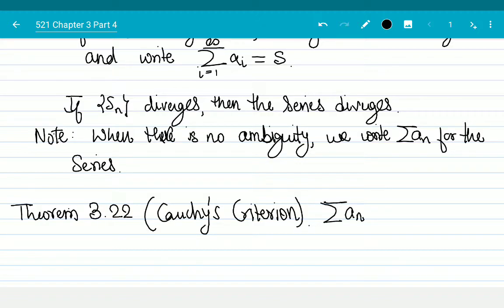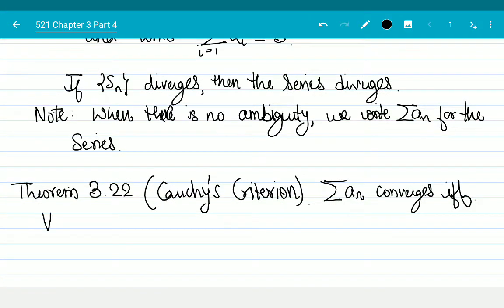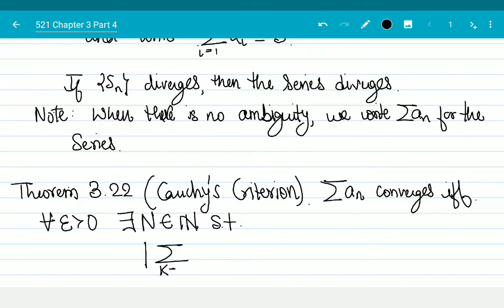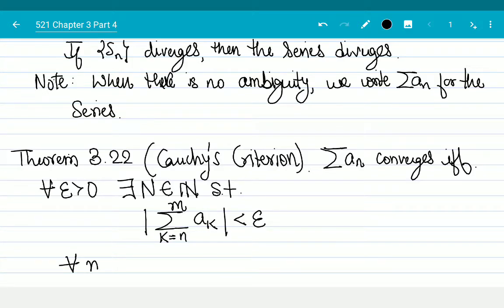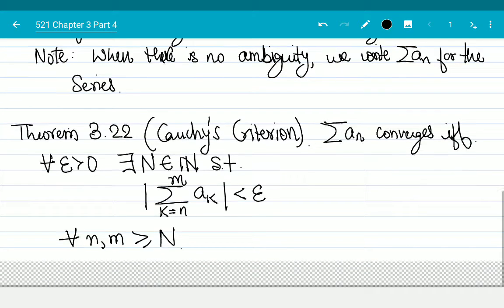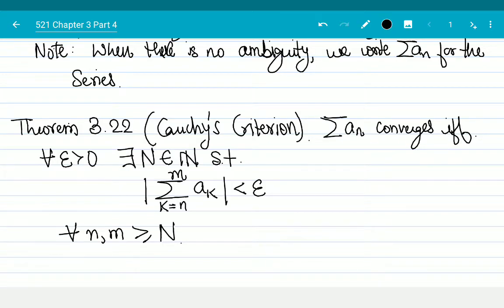Summation an converges if and only if for every epsilon greater than 0, there exists an N in naturals such that the sum of ak is smaller than epsilon for every n and m greater than or equal to N. Or another way of saying it is m greater than n, but that's fine.